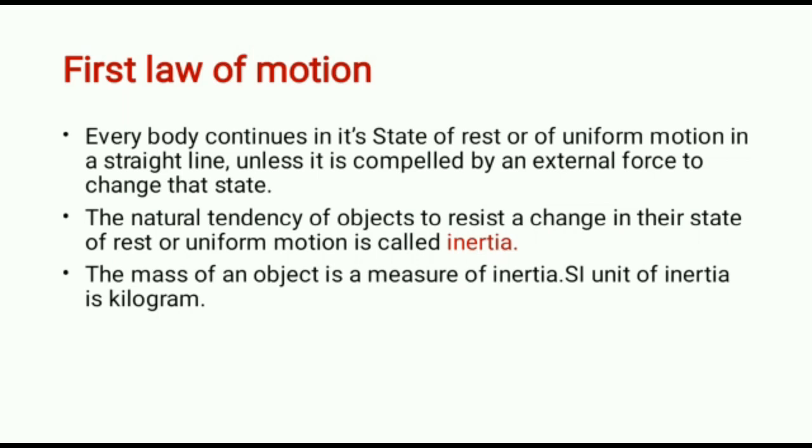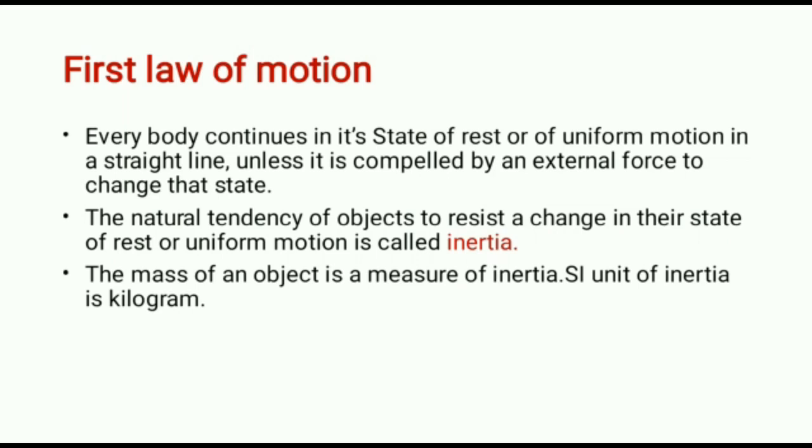The mass of an object is a measure of inertia. If the mass is more, inertia is more. If the mass is less, inertia is less. The SI unit of inertia is kilogram.